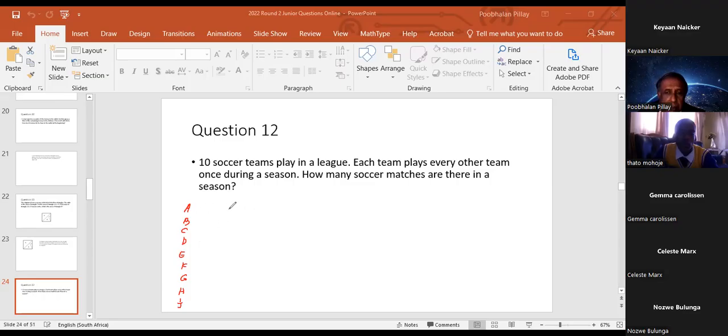For instance, A will play B, it'll also play C, A will play D, A will play E, F, G, H, I, and J. And here, there are only 9. So when A plays all these, there are 9 such games.